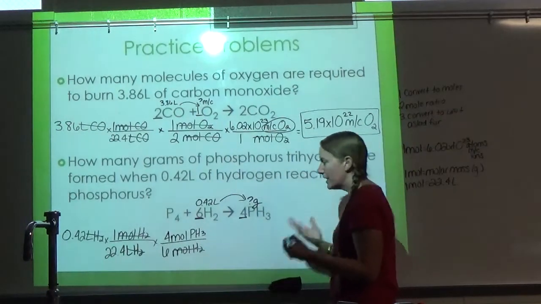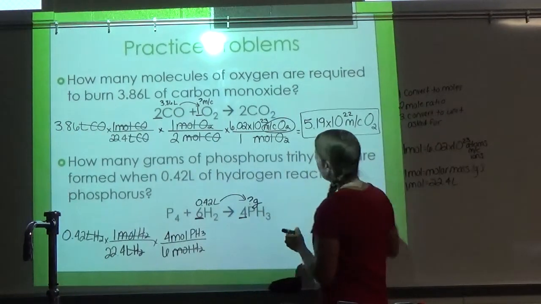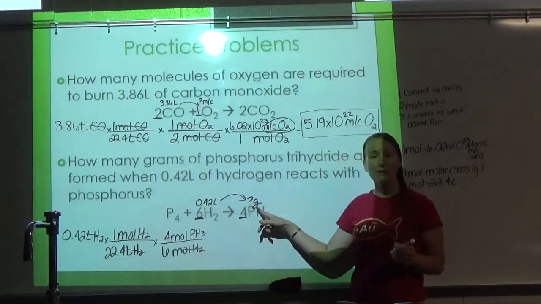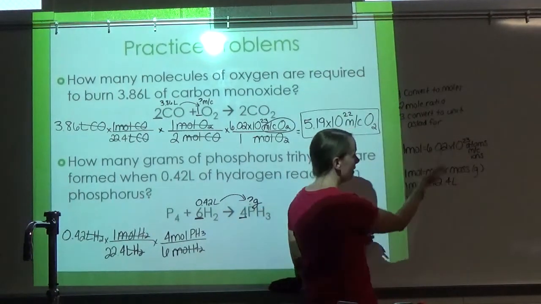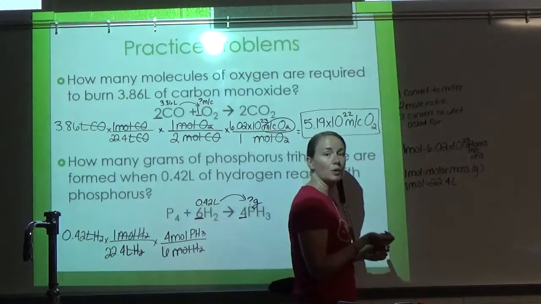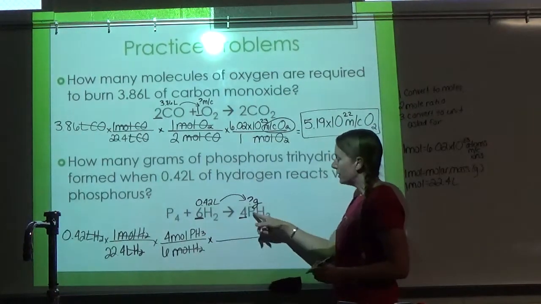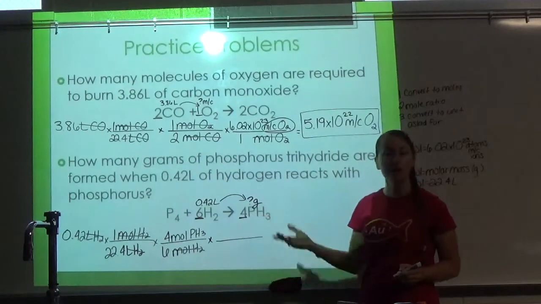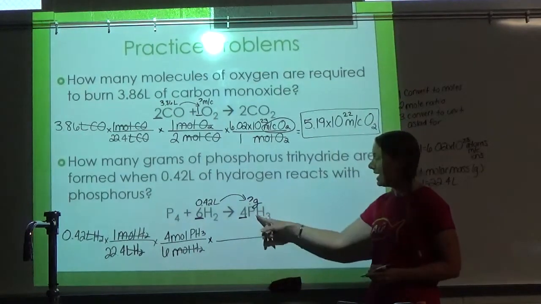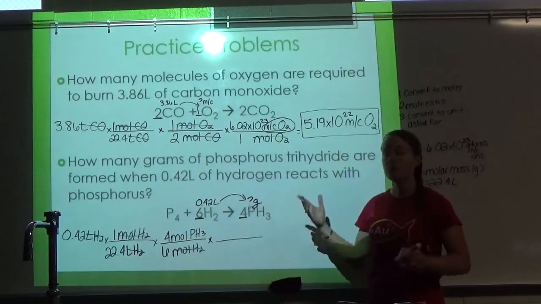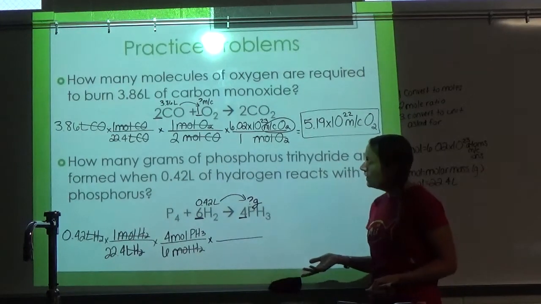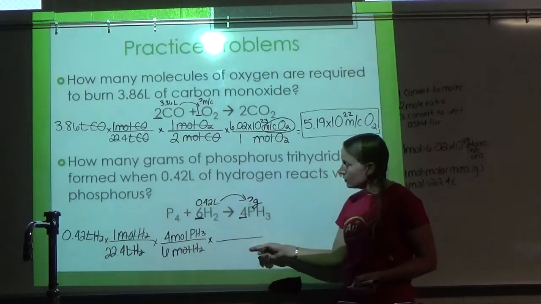All right, now I move on to step 3, convert to unit asked for. Well, it asked me for grams. So what do I use to get to grams? I use molar mass. So when you add up PH3, P on the periodic table is 31, H is 1 times 3, so that gives us 34. So do I put the mole or the grams on bottom?